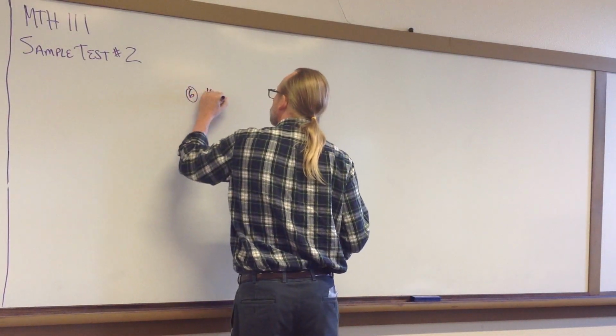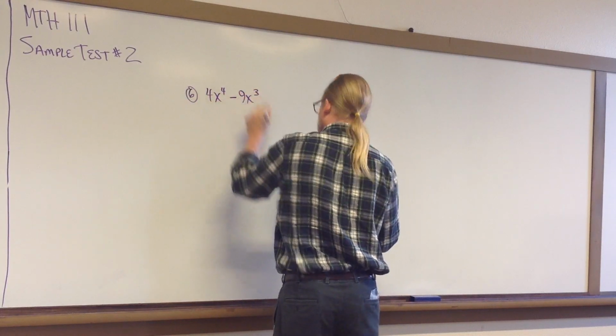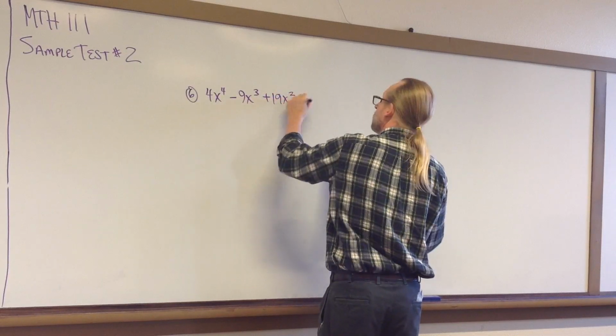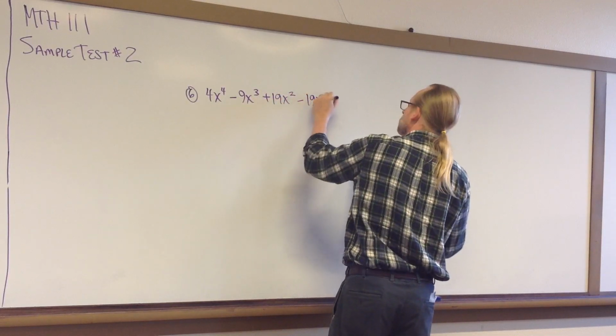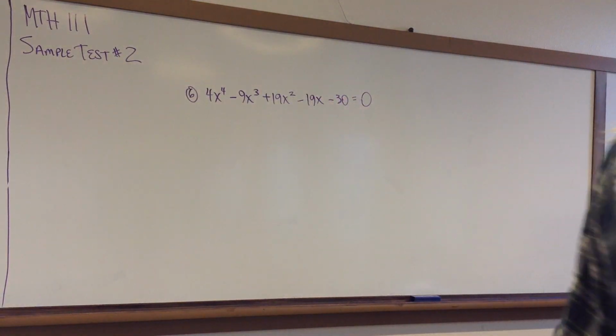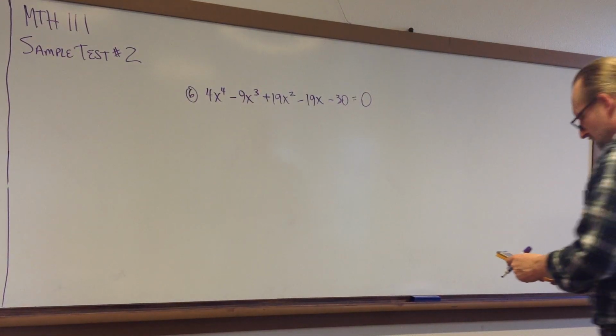Problem 6, 4x to the 4th minus 9x cubed plus 19x squared minus 19x minus 30. All right, let's get this graphed here. And let's see.